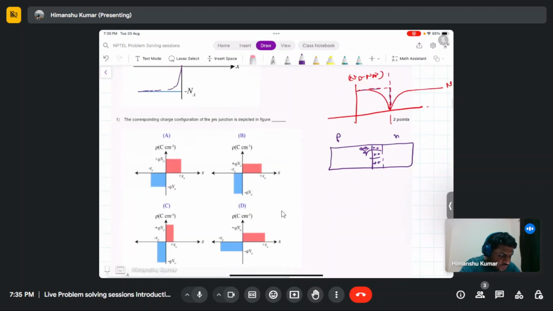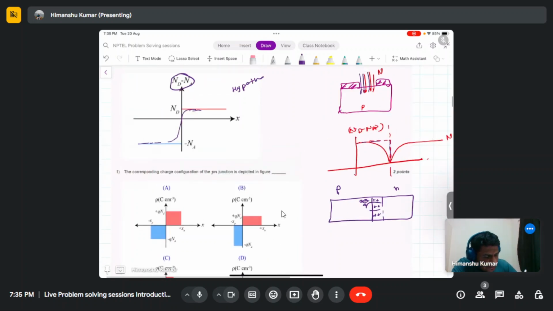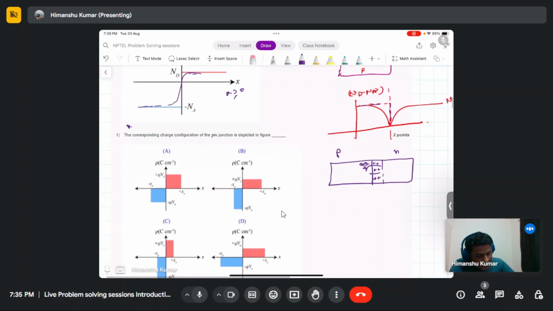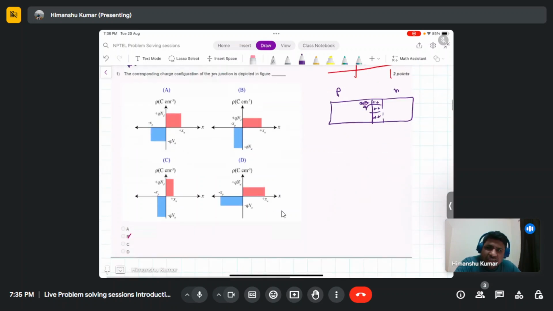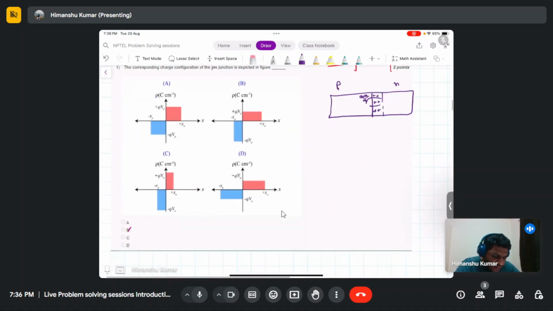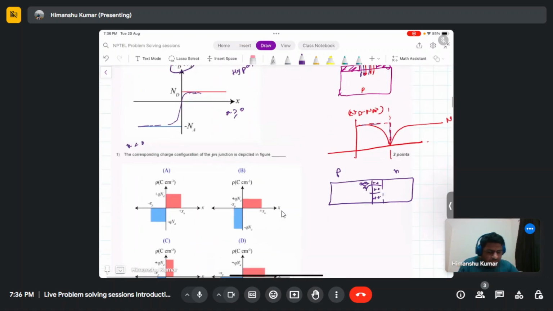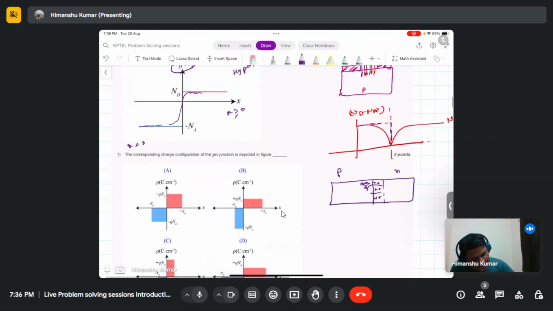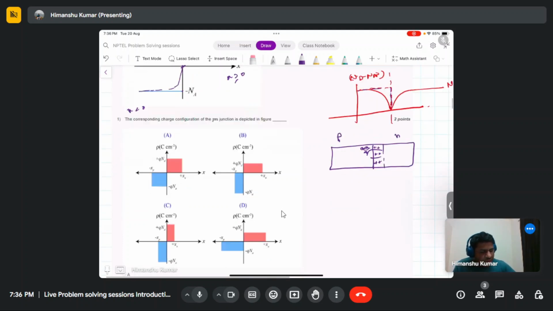So in this case, the right side, x greater than 0, is doped with donor type, and x less than 0 is doped with acceptor type. As we saw previously, the acceptor side will have a negative charge and the donor side will have a positive charge. With the scale you can also see that the distance from 0 to N_D is less compared to 0 to N_A.